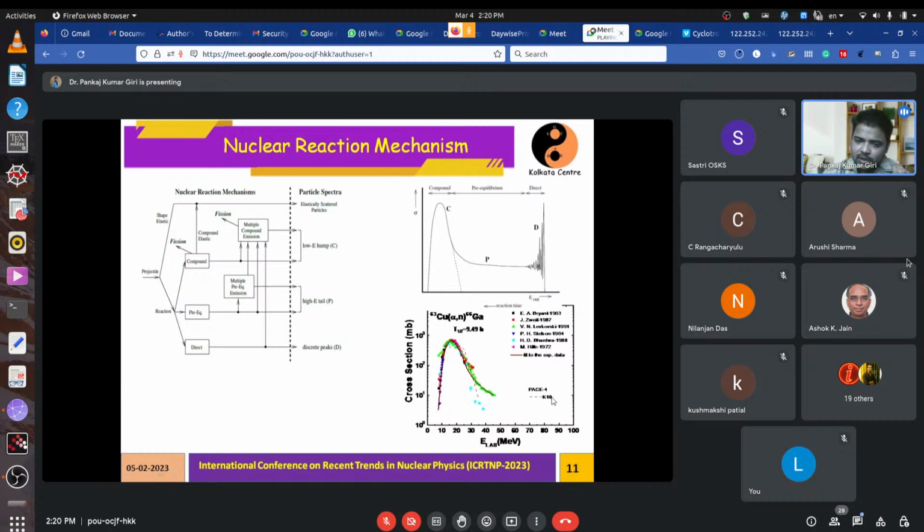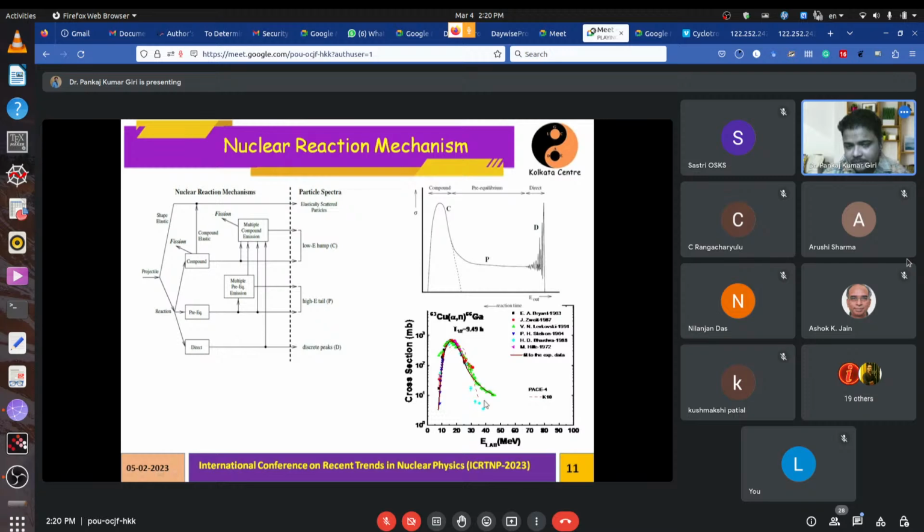So it will only predict the compound nuclear process. For the particular residue formation, we can see this baseline is matching well with the experimental cross section. But when the energy is increasing, this code is deviating from this experimental data.